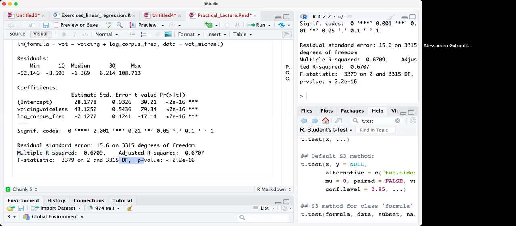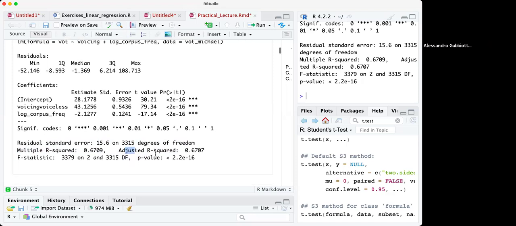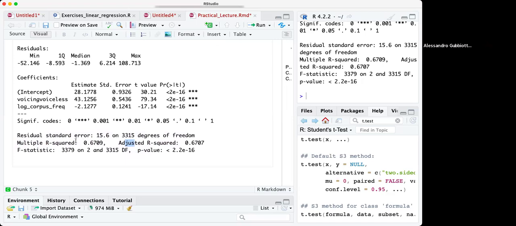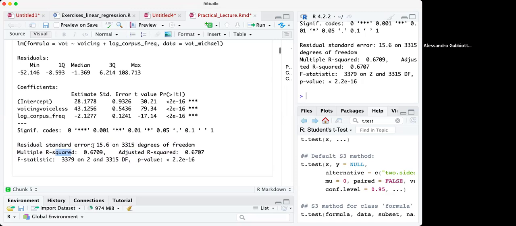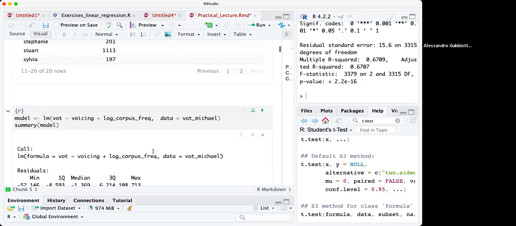The adjusted R squared is like the multiple R squared, but it penalizes adding variables that are not really predicting. The multiple R squared always increases while you add variables, but maybe you are simply adding some noise. For instance, I can add here some noise.